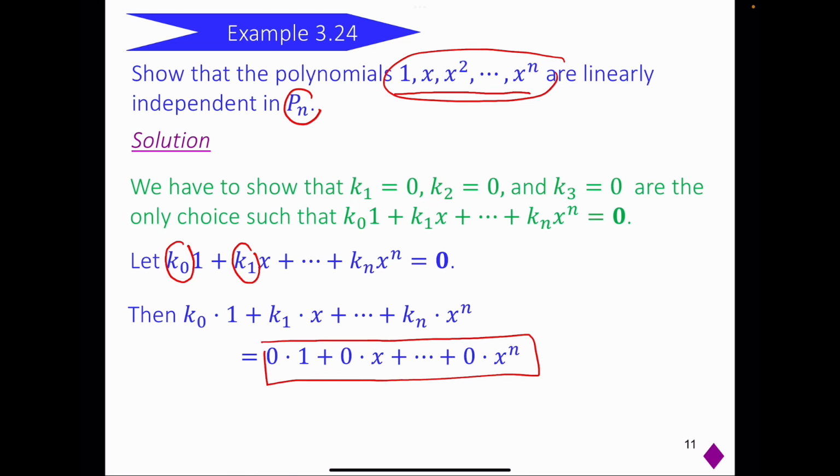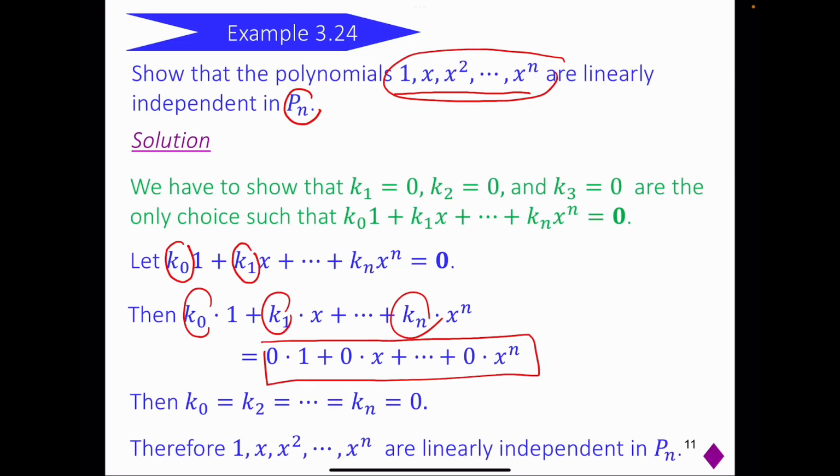And then again remember that we want to compute the solutions. That means we want to find the values of K0, K1 up to Kn, by comparing the left hand side to the right hand side, looking at the coefficients of 1, the coefficients of x, and up to the coefficients of x^n.